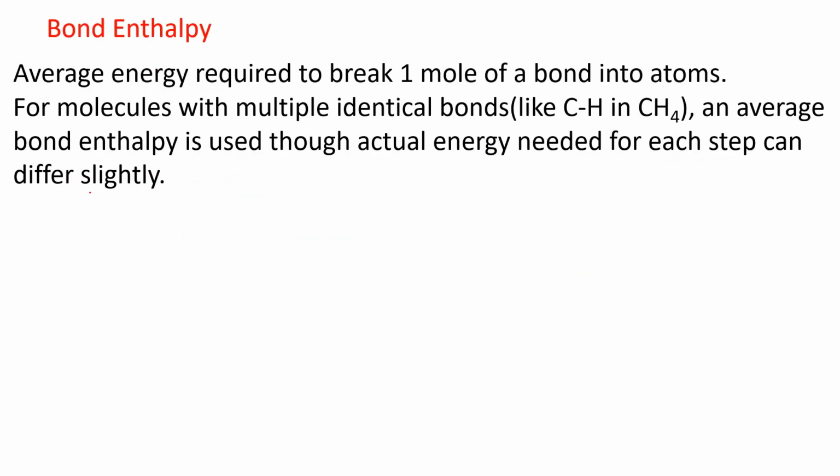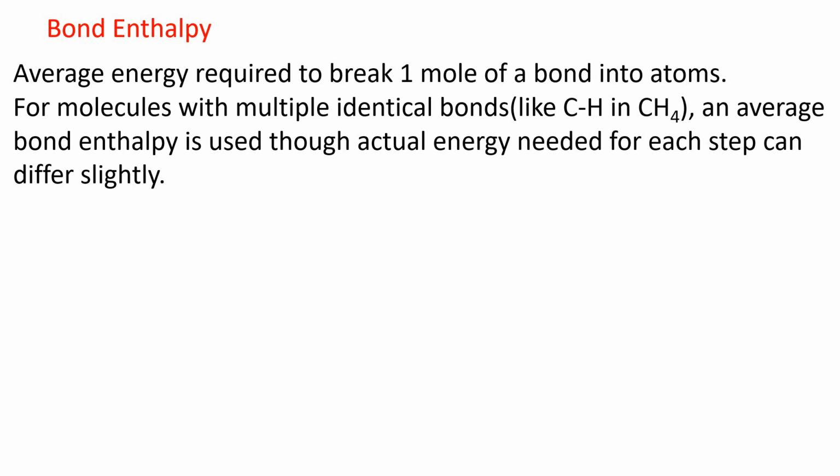Now, often we define the average bond enthalpy, that is the average energy required to break 1 mole of the bonds into atoms. That means 1 mole of the bond means the same bond, say a number of the same bond present in the molecule. Say for example methane. In methane, there are 4 carbon-hydrogen bonds.